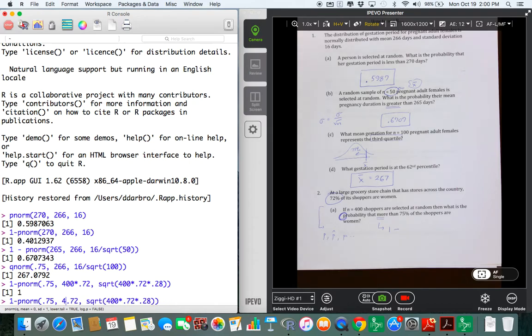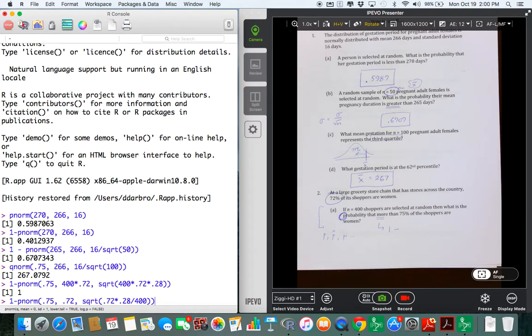If I have the count, then my mean is N times P. But if I have the percentage, then I have to use that the mean is equal to P, and the standard deviation is the square root of P times 1 minus P divided by N, which is 400. All right, much better.